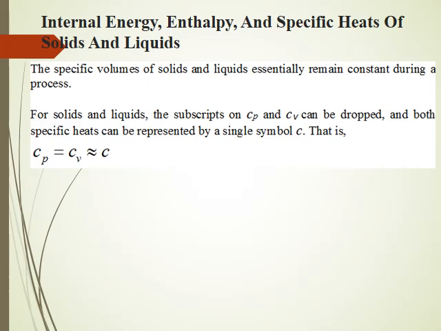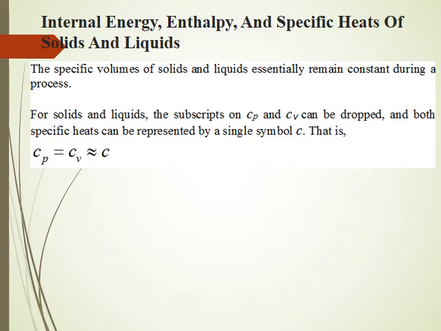The specific volume of solids and liquids remains constant during a process. Therefore, they are considered to be incompressible substances. So liquids and solids are approximated as incompressible substances without sacrificing much in accuracy. The constant volume assumption should be taken to imply that the energy associated with the volume change is negligible compared with other forms of energy.